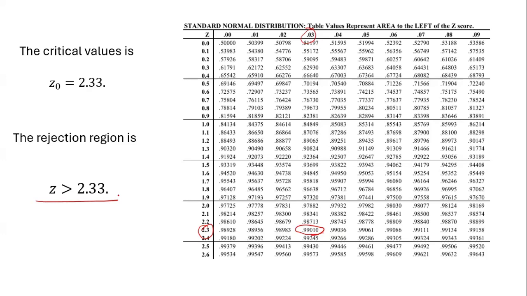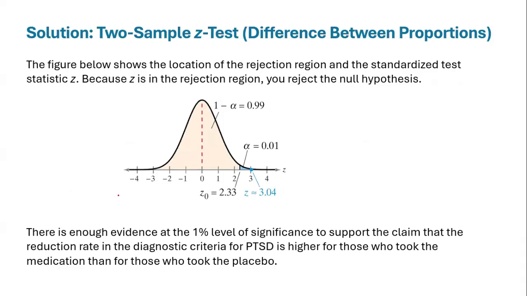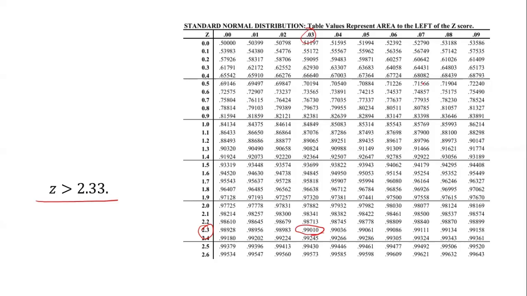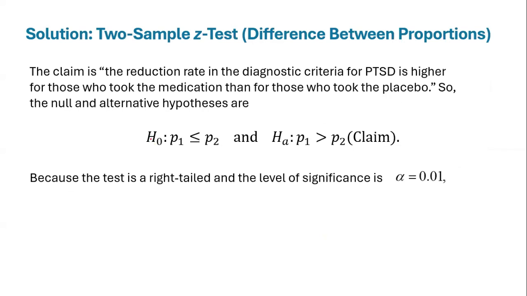And if it's in the rejection region, and you will see that it's in the shaded area, you need to reject the null. If you reject the null, that means you can support the claim. And the claim is the alternative.